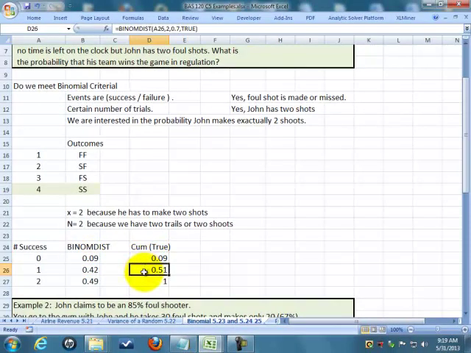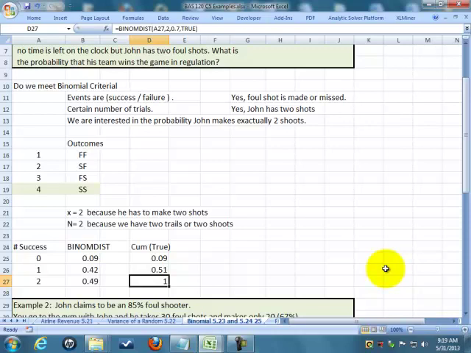The probability that he makes 1 or less is 0.51, which is the addition of this 0.42 and this 0.09. And of course, the cumulative probability that he makes 2 or less shouldn't shock us: it's 100%, because he can only make 0, 1, or 2.